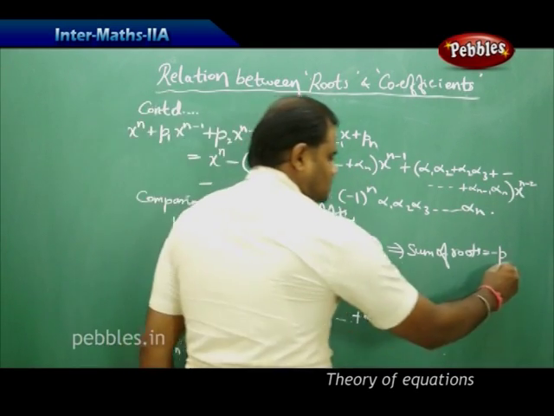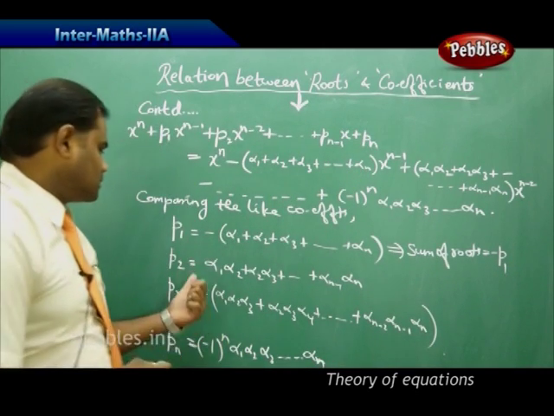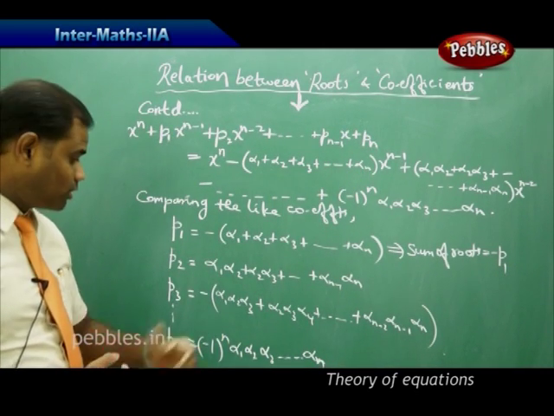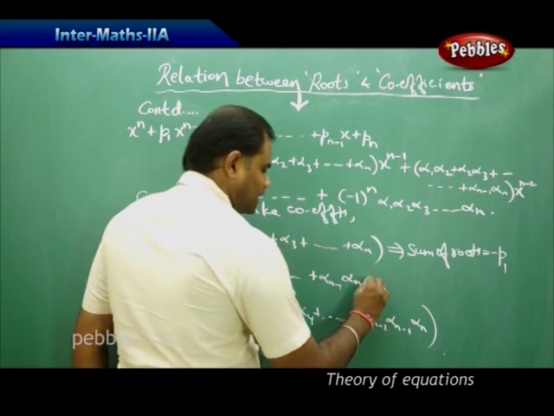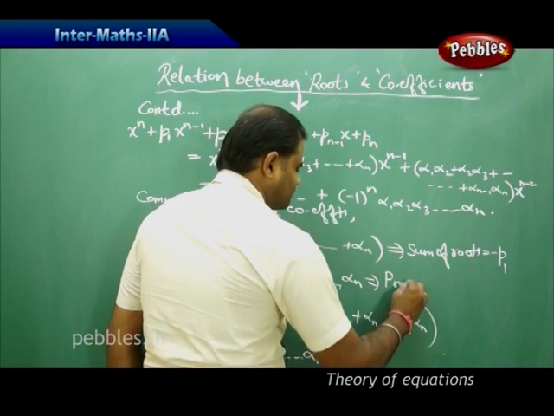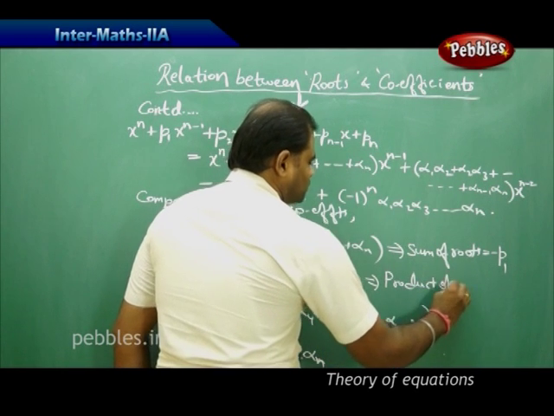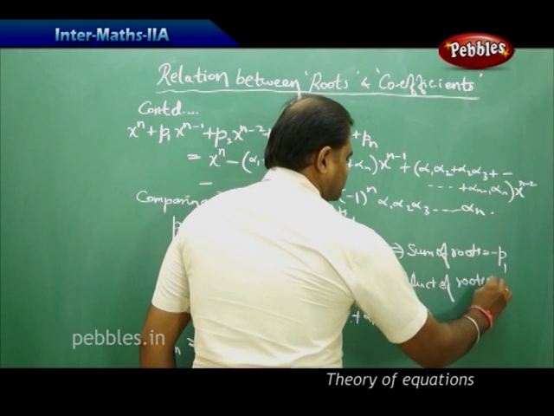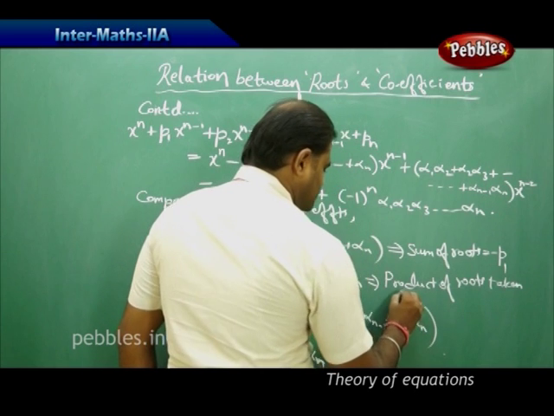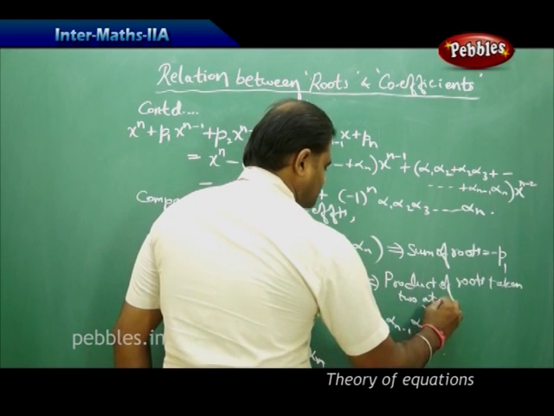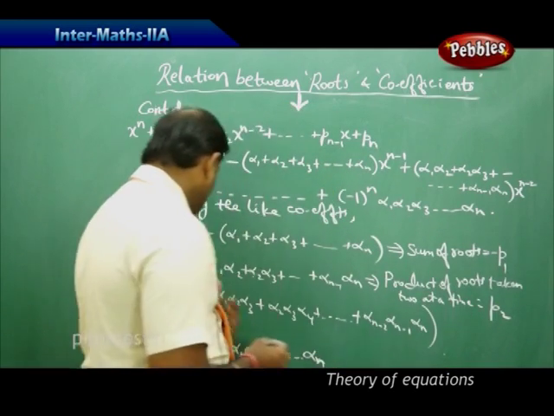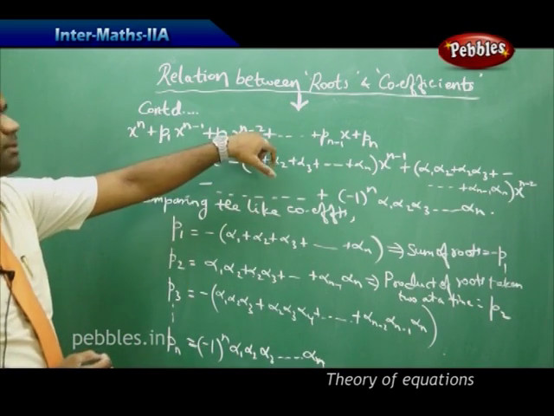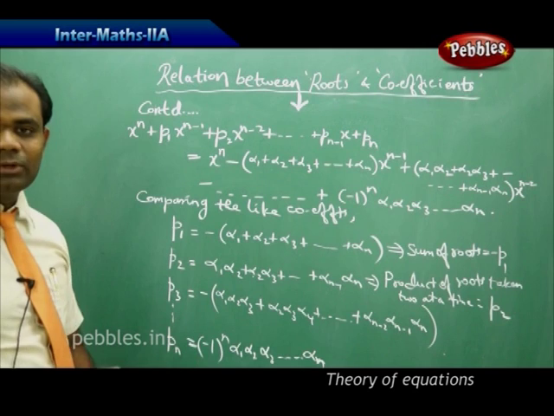So my sum of roots is minus P1, and my product of roots taken 2 at a time is P2, which is nothing but the coefficient of x power n minus 2 in the polynomial.